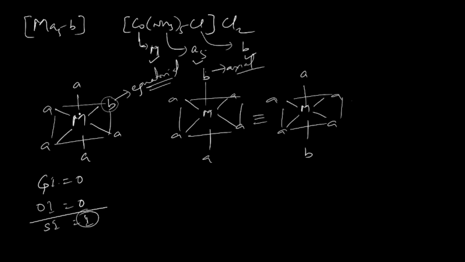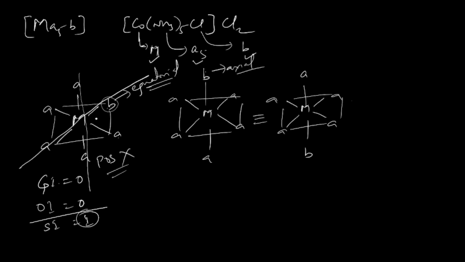Now for optical isomer, you will say that okay, if we are passing a mirror here, it is not reflecting, right? B is not reflecting to A. A is reflecting A, but B is not reflecting to A, correct? So how come this plane of symmetry is absent? So it should be optically active. Just see it. We'll put the mirror like this.